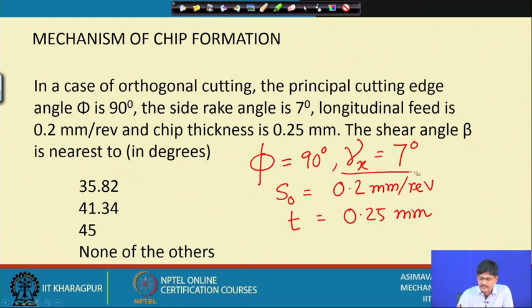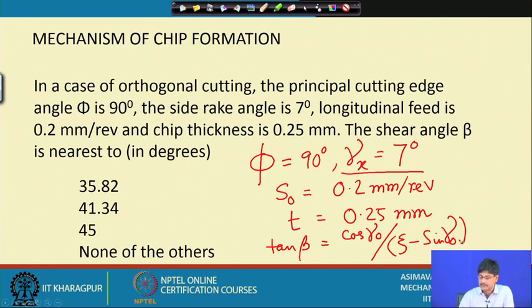Side rake angle is given, while in the expression for the shear angle, which we have as tan beta equal to cos gamma O divided by zeta minus sin gamma O, this refers to the orthogonal rake. Now, do we have to painstakingly find out the expression of the orthogonal rake from the side rake angle? Certainly not. Why? Let us see.